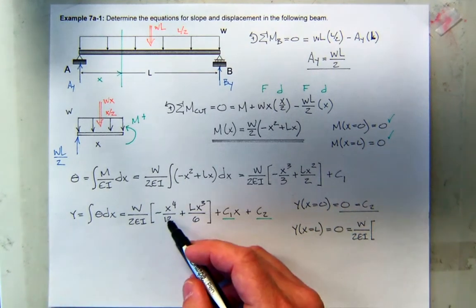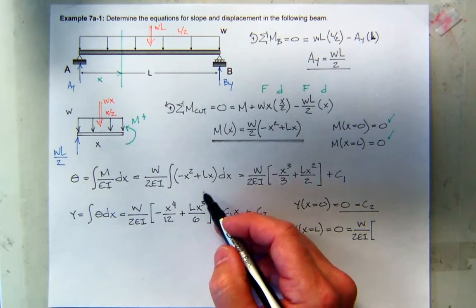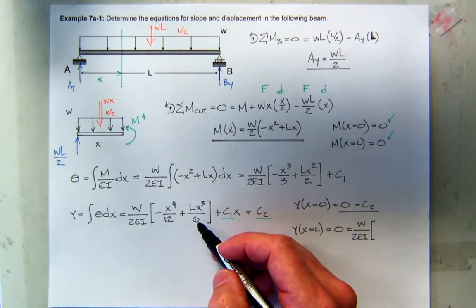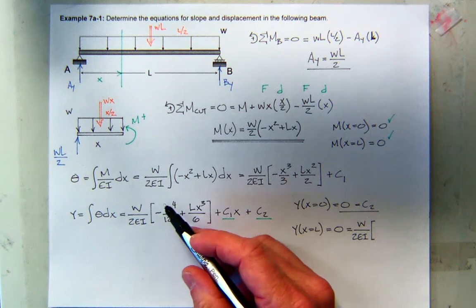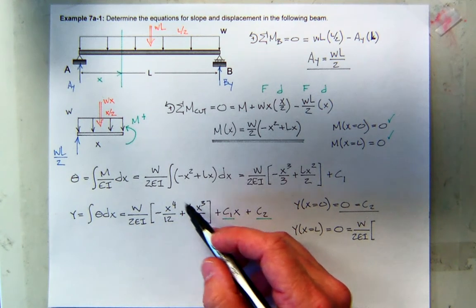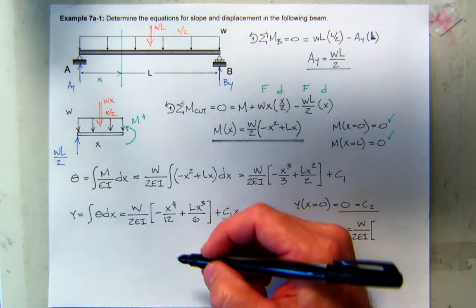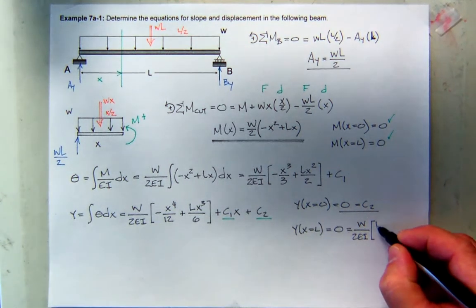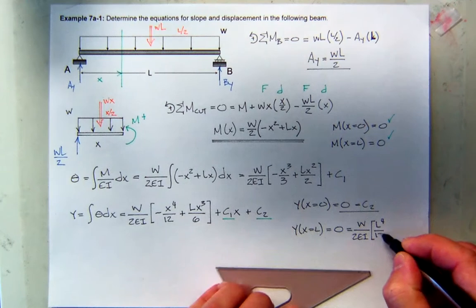And when I put in L here, what do I get? I get L to the 4th over 12, L to the 4th over 6. Well, over 6 is really 2/12. So I got negative 1/12 plus 2/12, so I get positive 1/12. So this should be L to the 4th over 12, right?